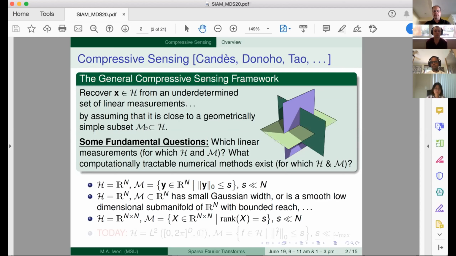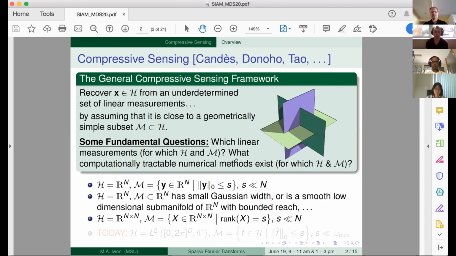Then you try to figure out which types of linear measurements will work for which Hilbert space and which geometrically simple model subset M, what computationally tractable algorithms you can use to take that geometric model plus the linear measurements and get a good answer for the X that you are measuring, what sort of theoretical guarantees you can prove, how fast the algorithms are, etc.